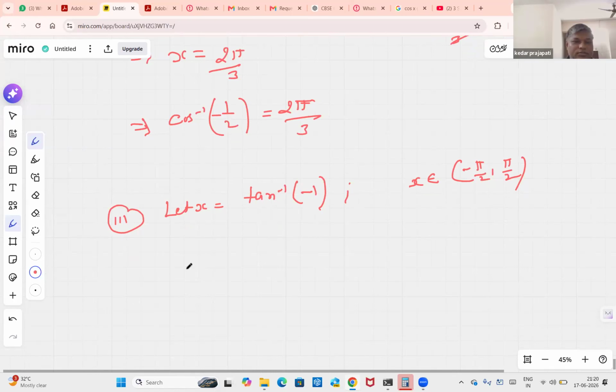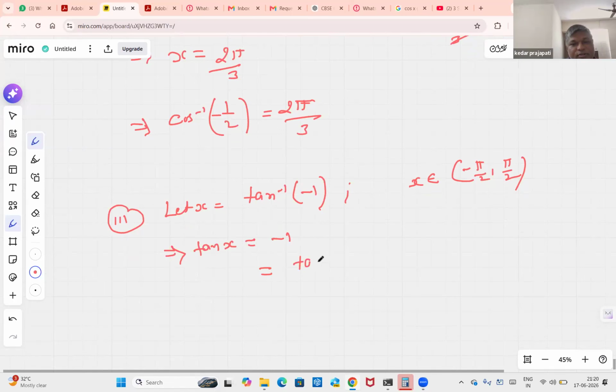So now you can write, which implies tan x equal to minus 1. How much is minus 1 for tan?